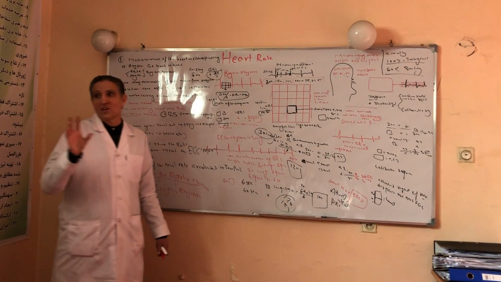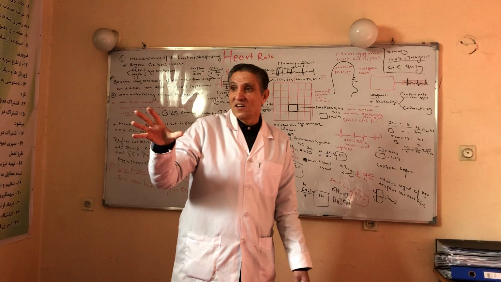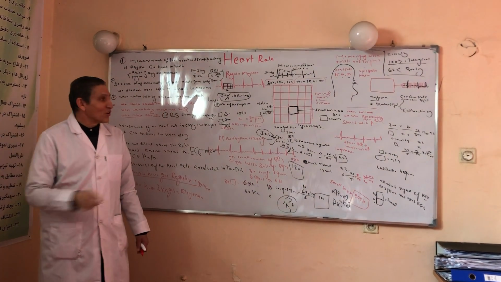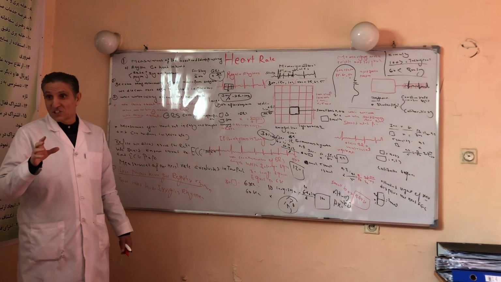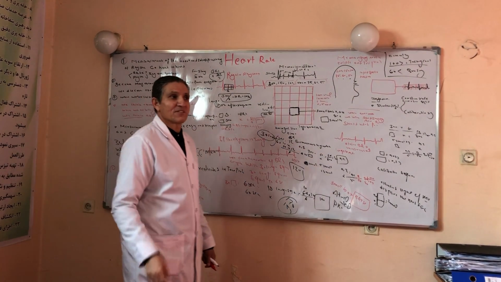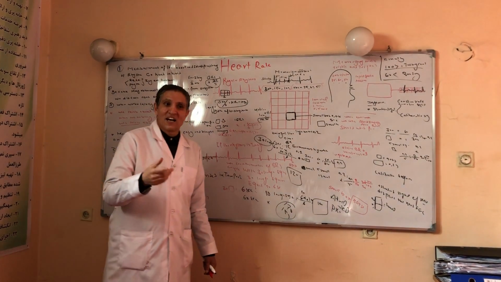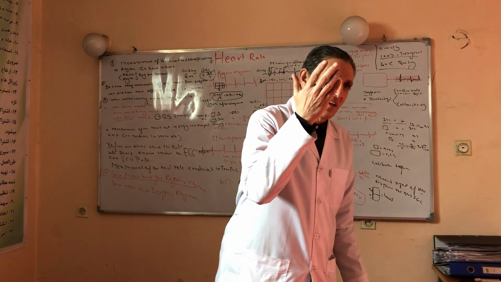Remember, rate and rhythm should not be forgotten during the measurement when talking about abnormal rhythm. So rate and rhythm work as two brothers. When somebody asks you to give the definition of arrhythmia, you should easily answer: abnormality regarding the rate and rhythm is called arrhythmia.